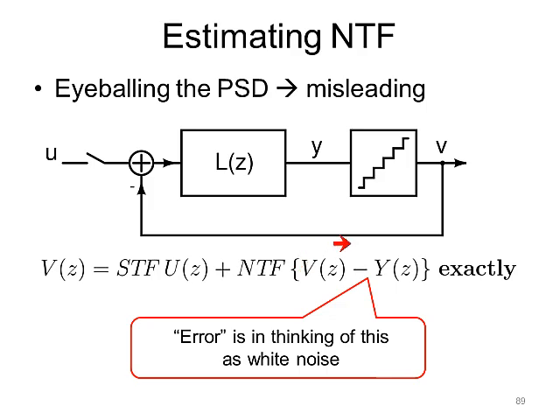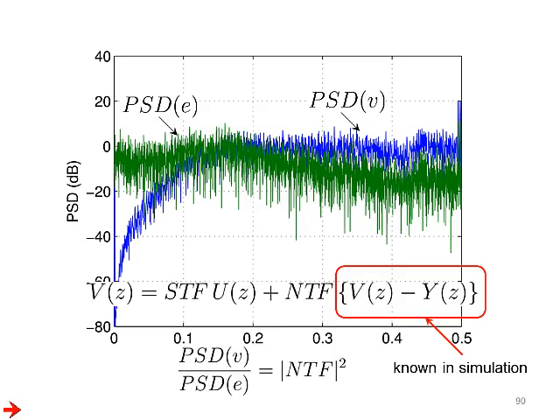So the output can be exactly written as STF times U plus NTF times (V minus Y). There's no approximation here at all. The error we're making is in thinking of this quantization error to be white. That's apparent the moment you start looking at the quantization error spectra, and this is what you see. You can see that the quantization error is not white, and it's got strange tones at fs by 2, and that's what shows up at the output. So it's not really your fault.